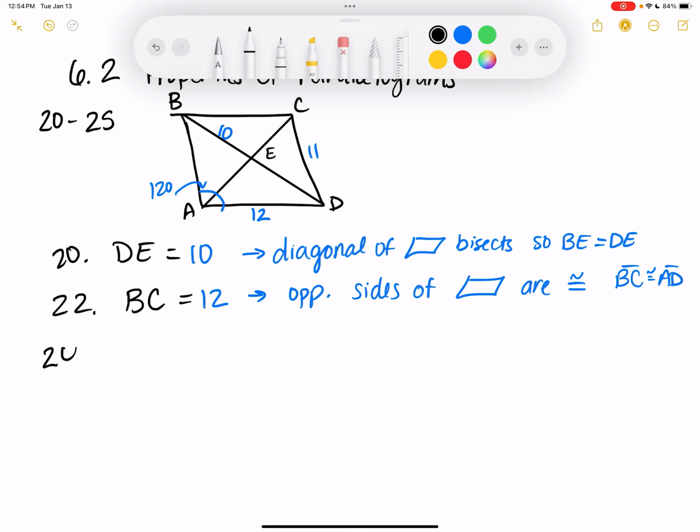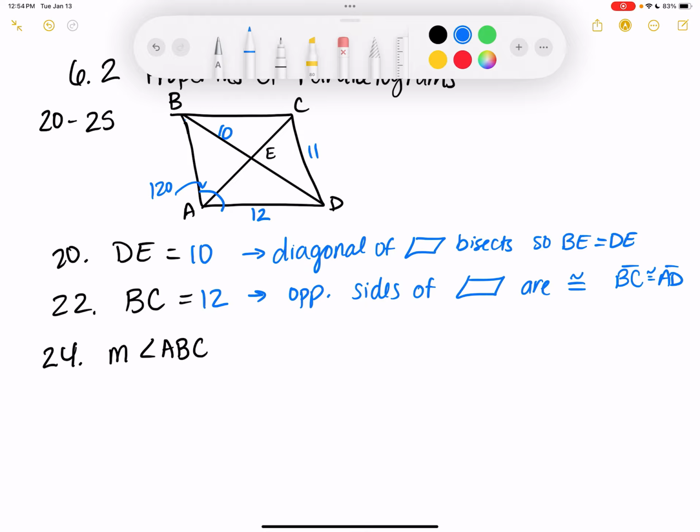24. This one's an angle measure. They want the measure of angle ABC, this angle right here.